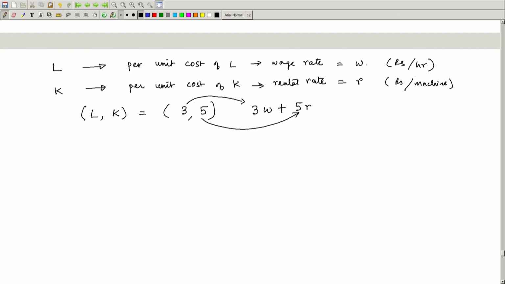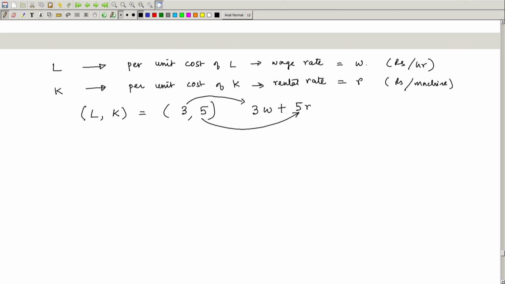And by cost, I mean the economic cost and the opportunity cost. So you give me an input combination of labor and capital. There is a per unit price of labor and a per unit price of capital, and 3 times W plus 5 times R gives me the cost of this input bundle.